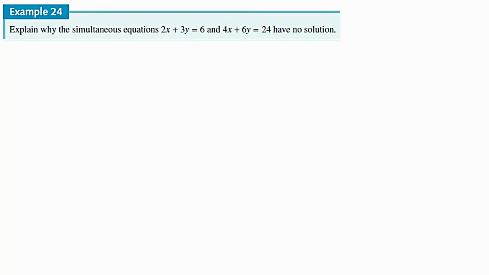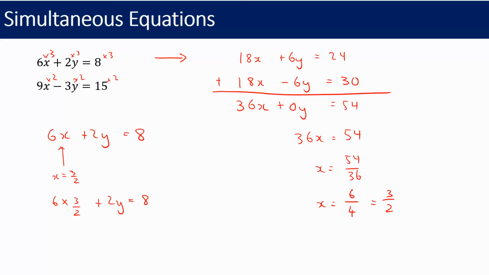What's 6 times 3 on 2? 6 divided by 2 is 3, and 3 times 3 is 9. Plus 2y equals 8. Subtract 9 on both sides: 2y equals negative 1. Therefore, y is equal to negative half.